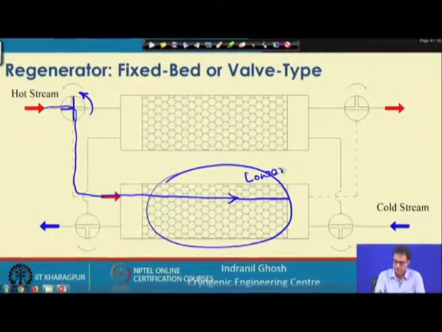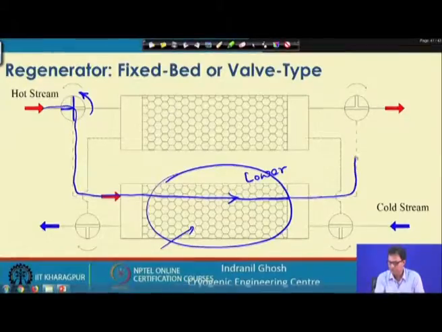So, this matrix will now be heated up, and the fluid stream will also have a changed position like this, and this will come out like this.